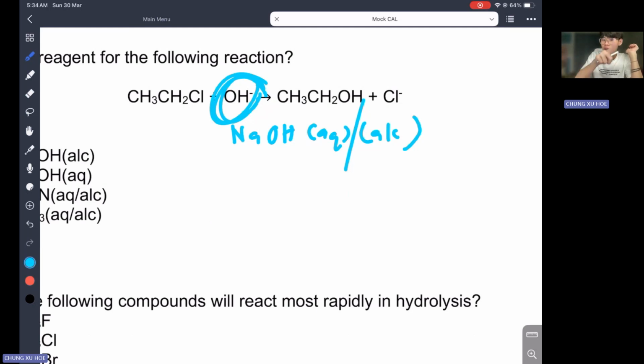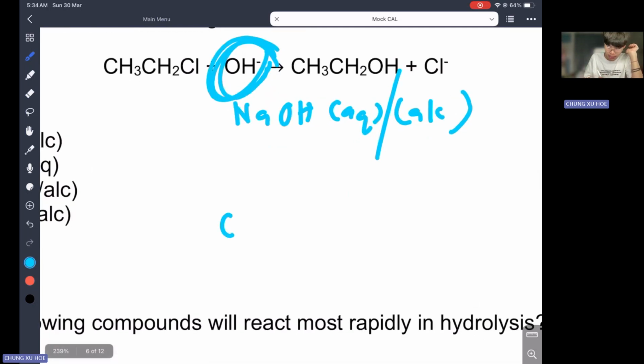Your OH undergoes a nucleophilic substitution reaction because your OH minus is a nucleophile, which is going to combine with your carbocation ion. Understand? Then it will become something like C-OH. This process is known as nucleophilic substitution.